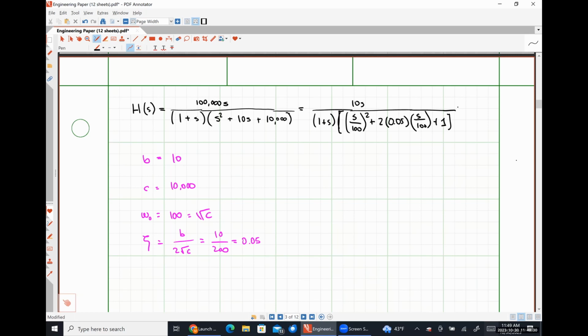And then I'm going to have this guy right here, which looks like the frequency response for complex conjugate poles, where zeta is equal to 0.05 and omega naught is equal to 100 radians per second, right? So let me draw out all those individual parts.